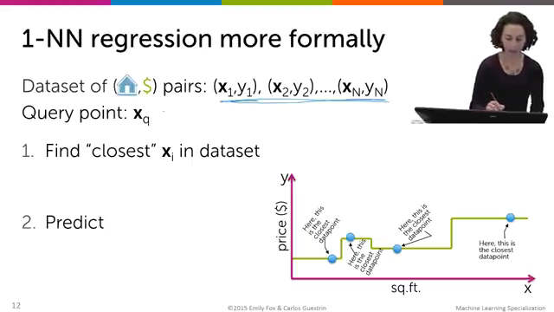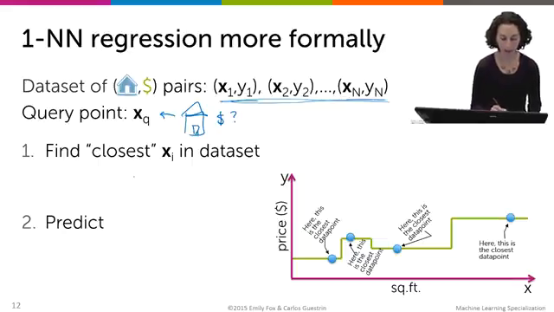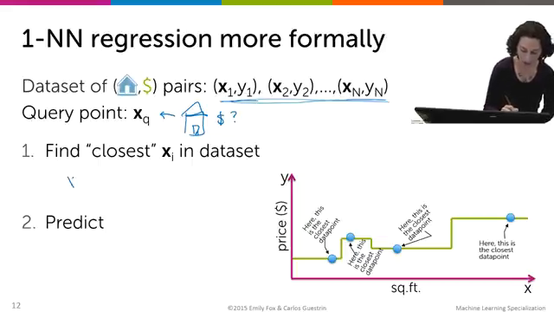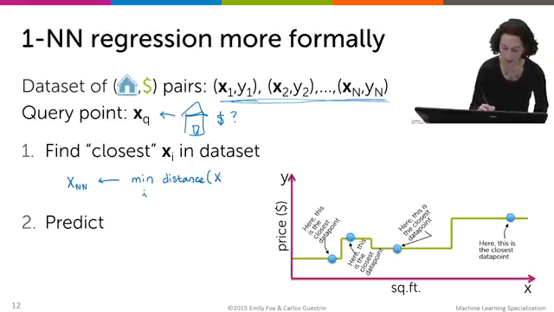So this is some point x_q, some house that we're interested in the value of. The first step of the nearest neighbor method is to find the closest other house in our data set. So specifically, let's call our x nearest neighbor to be the house that minimizes over all of our observations i the distance between x_i and our query house x_q.